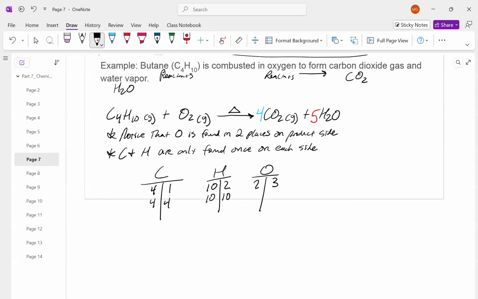Now you might be thinking this whole time, I'm completely throwing off the number of oxygens. And that's fine. That's why we save it to the end, because I still have 2 on the left. And now how many do I have on the right? Well, I got 8 from CO2 and 5 from water. That's 13.